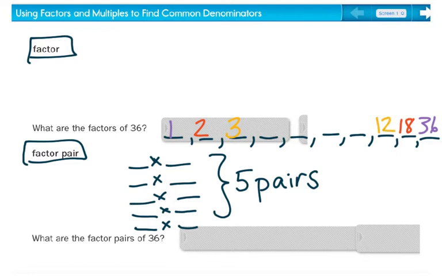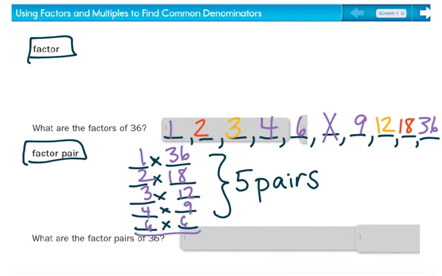You should have your 12s memorized. 4 times 9. And 6 times 6. But I don't need to write that 6 twice. So it's fine there. So 1 times 36. 2 times 18. 3 times 12, 4 times 9, and 6 times 6.